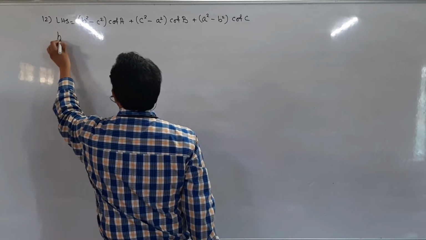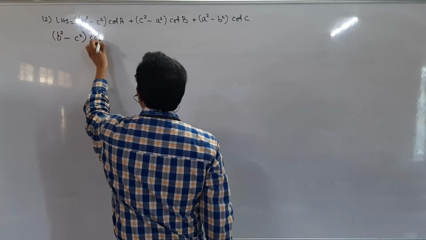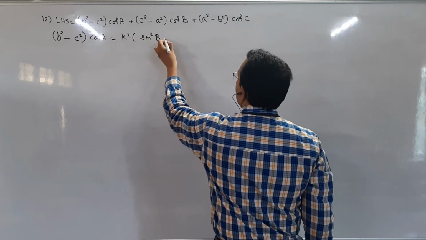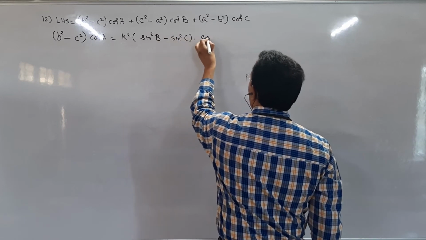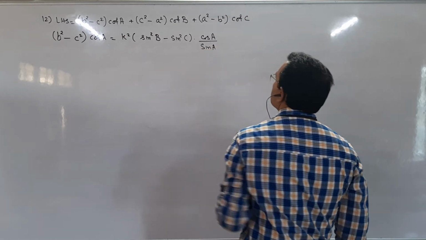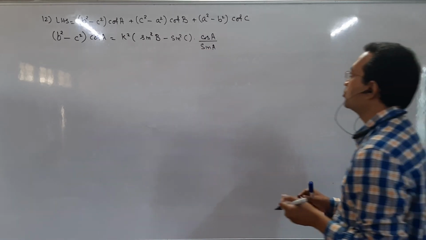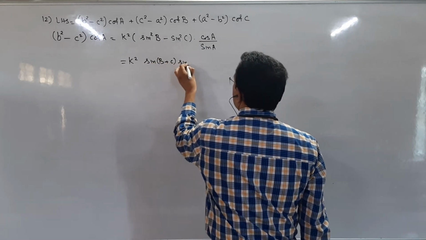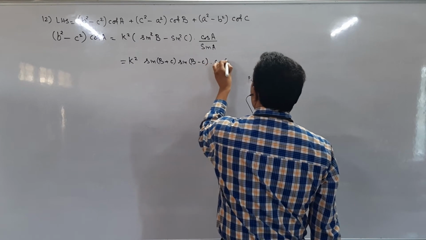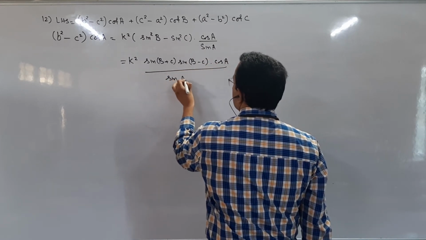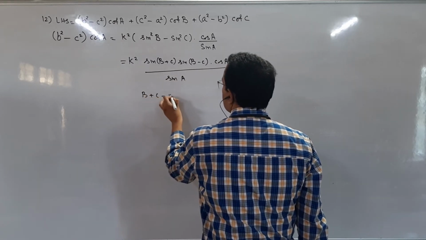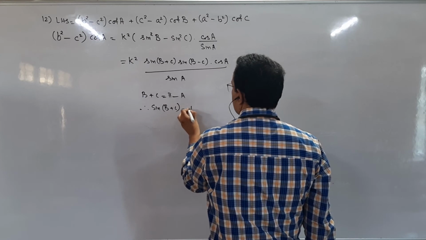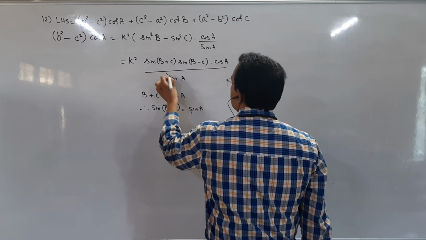So let us start with B square minus C square into cot A. Now B square is K square sine square B according to the sine rule, minus K square sine square C, and cot A is cos A upon sine A. So sine square B minus sine square C is sine B plus C into sine B minus C, into cos A upon sine A. Now all of you know B plus C is equal to pi minus A. So sine B plus C will be sine pi minus A, that is sine A. So this and this get cancelled.